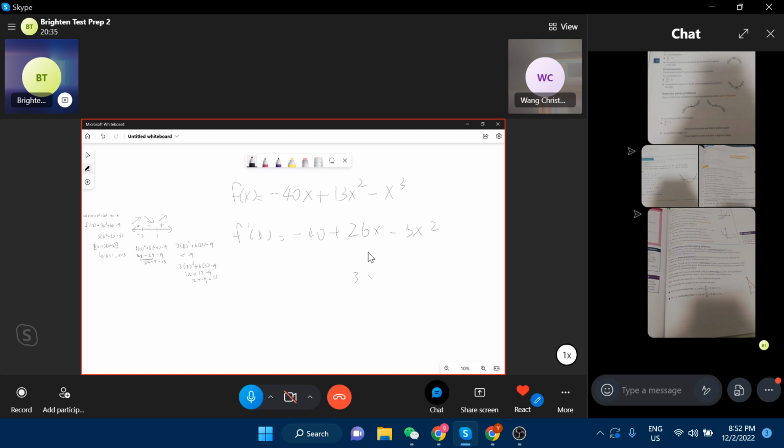Okay. So now we just find the roots of it, right? So what did you get for the roots? 20 and 10. Wait, actually, let me first rearrange this: -3x squared plus 26x minus 40. So -3x and x, and then 48 and 5.